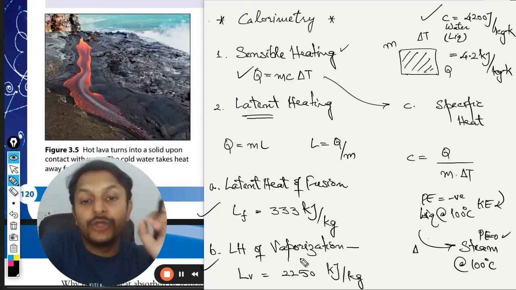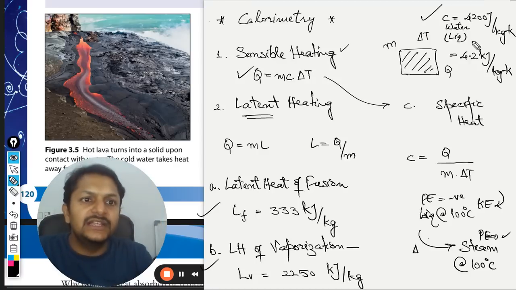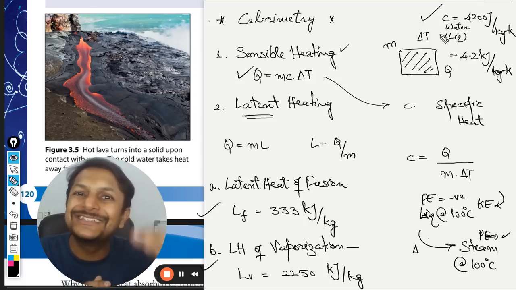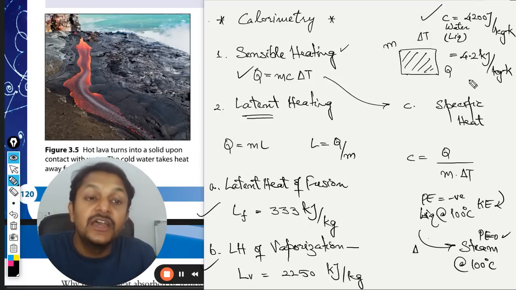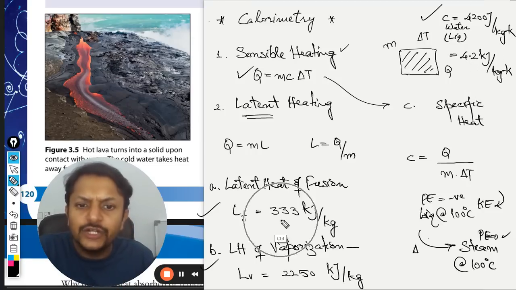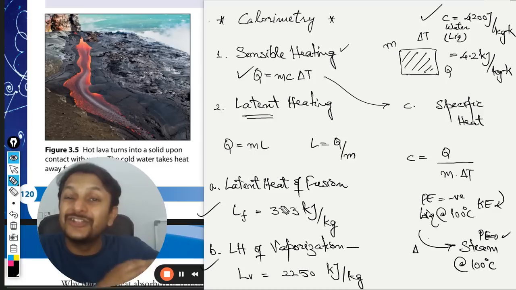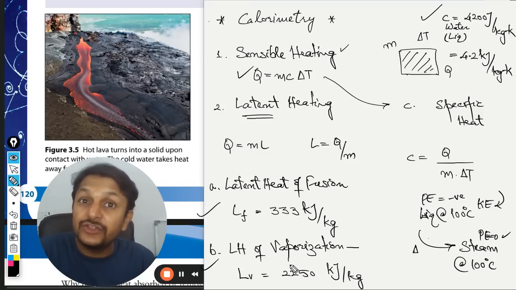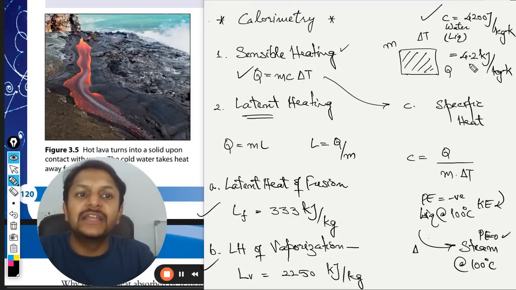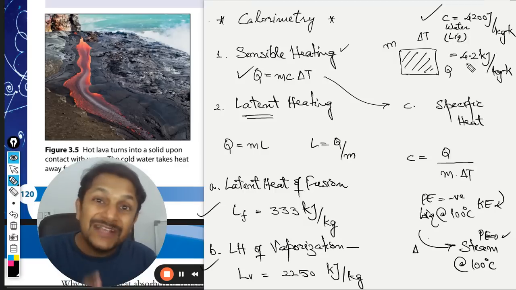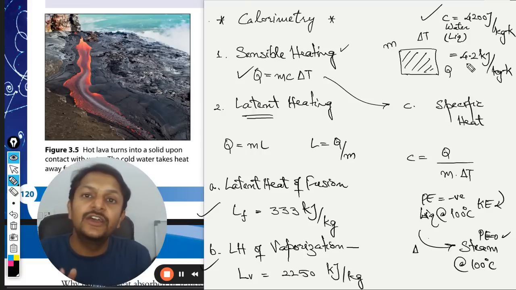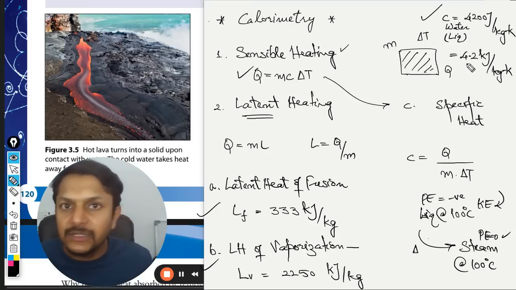Another very important point you can note is the specific heat of water. If you want to increase or decrease its temperature, it is just 4.2 kilojoule per kg, but the latent heat of fusion is 333, and the latent heat of vaporization is 2200, many times more than the specific heat of water. The specific heat of water is also one of the highest among all normal substances.